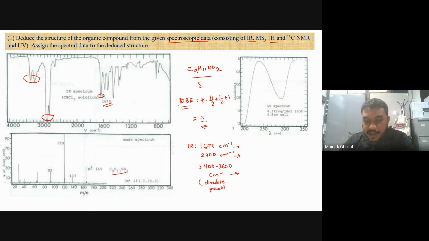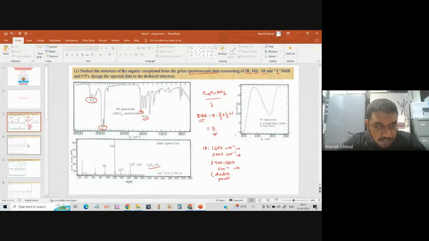So from IR, I can get three things: a peak at 1670 cm inverse, 2900 cm inverse, and 3400 to 3600 cm inverse. I should take a new slide, that will be very helpful for you.